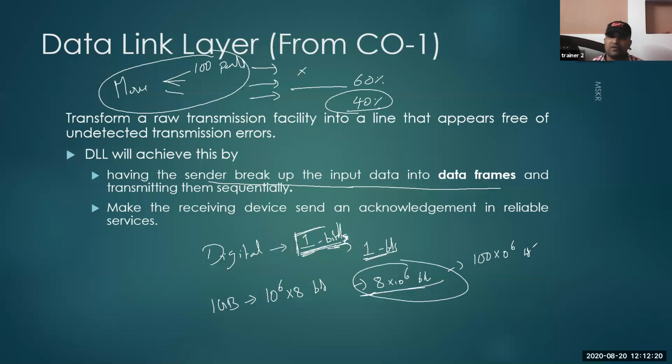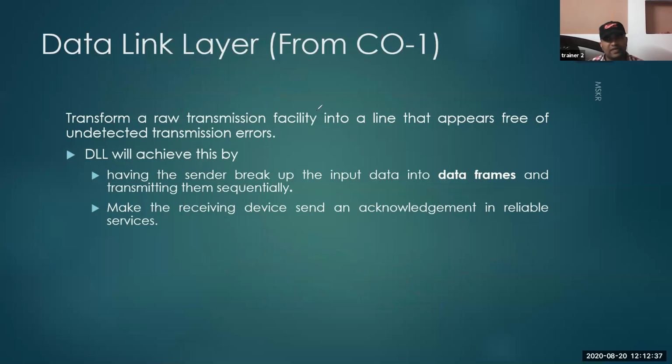Instead of downloading 1 GB, you are going to download something around 10 GB, 15 GB, which is completely a waste. So that is the reason there must be some value in between. You can't send your entire data in a single go. You can't send 1 bit at a time.